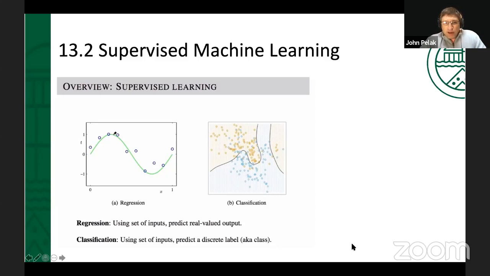Whereas for classification, this model here is trying to show that you're trying to learn that squiggly boundary between the blue points and the yellow points. Then you'd want to use the function that was learned by that boundary to decide whether a point is blue or yellow based upon the input values that you're given. And this could be more than just two cases.